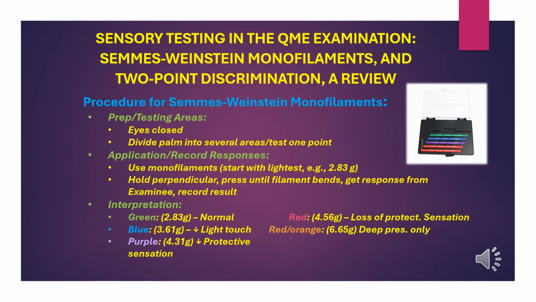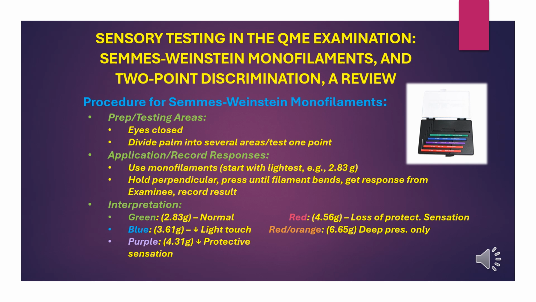Now, in the application of the procedure, you use a set of monofilaments of different grams of force, starting with the lightest, which is usually the 2.83 grams. You hold the monofilament perpendicular to the skin, and you press the monofilament against the skin until it bends. You ask the patient or the examinee to indicate when they feel the touch by saying yes or touch.